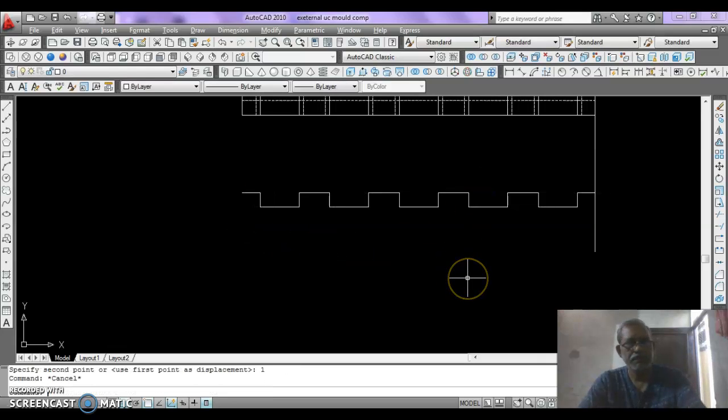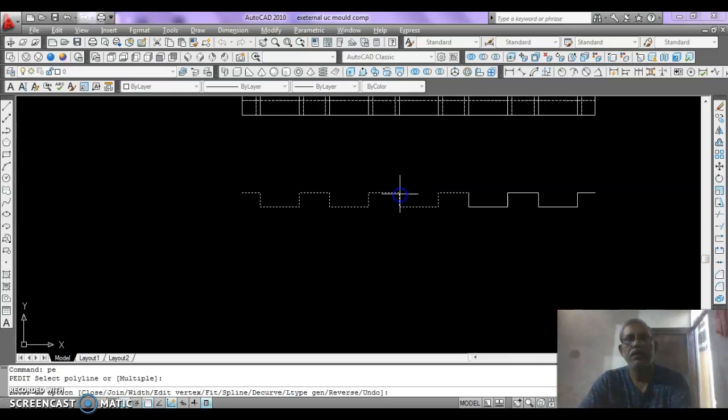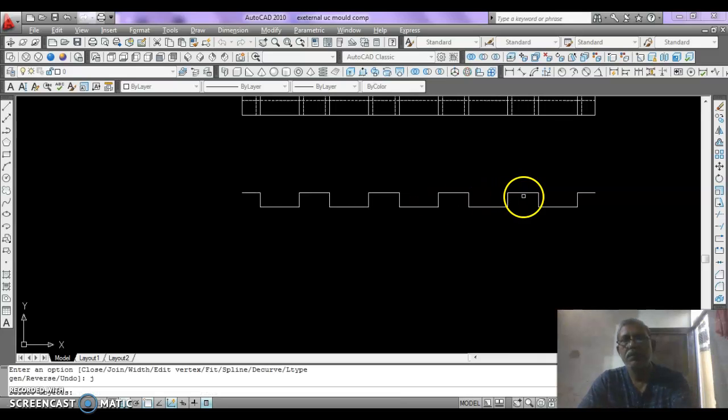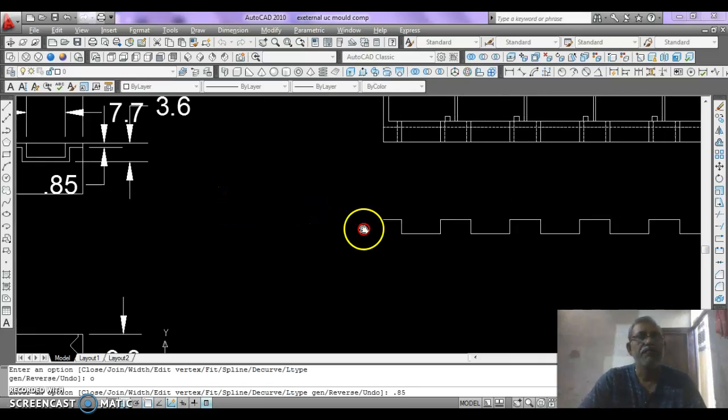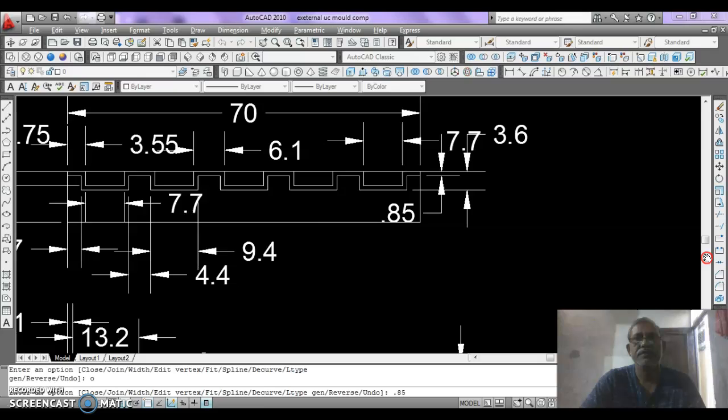Now it is okay, and we have to just edit it, joining this polyline to this, and now offset it by 0.85. From where is 0.85?